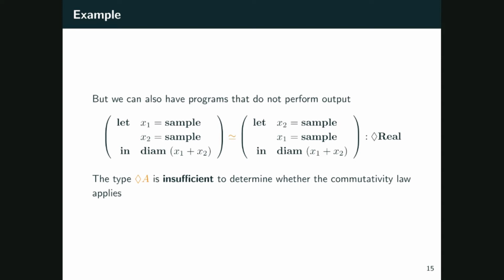However, all computations or programs in this calculus have diamond types. And the type itself does not give us enough information to determine whether we can apply the commutative law or not.